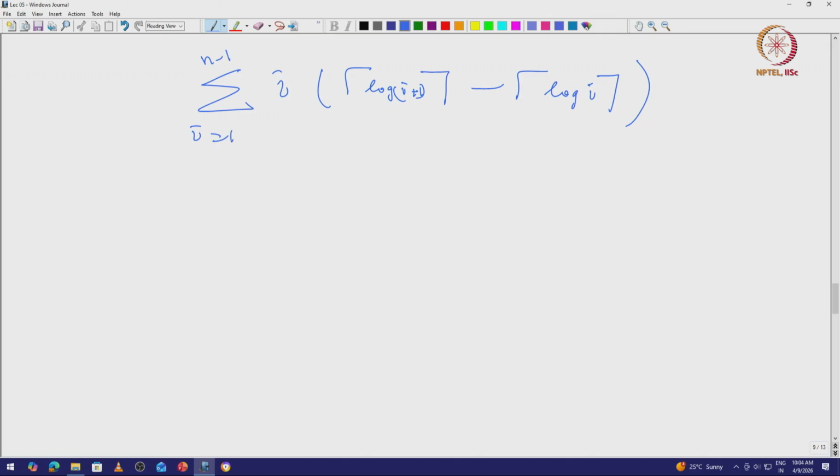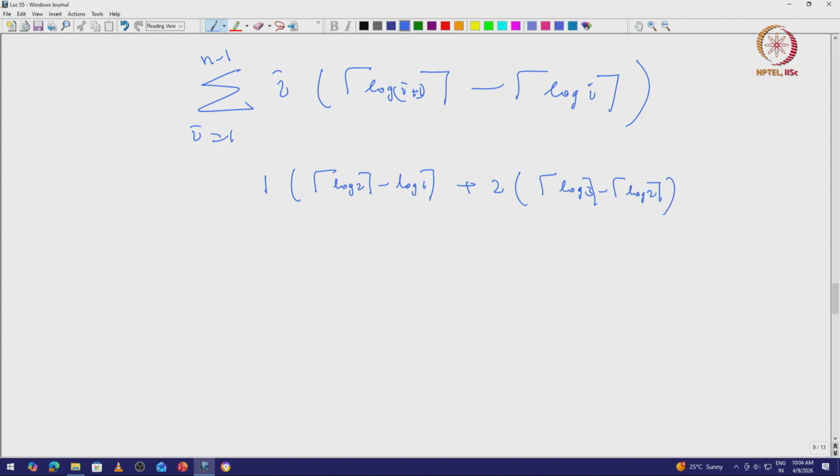What are all the powers of 2? i equal to 0, that is no power of 2, i equal to 1, it will survive. So, it is 1 times (ceil log 2 minus ceil log 1). The next surviving term will be for 2 times (ceil log 3 minus ceil log 2).